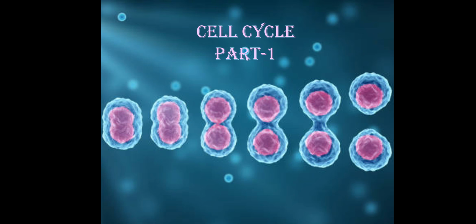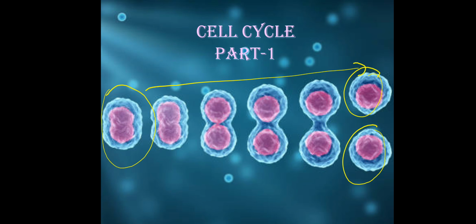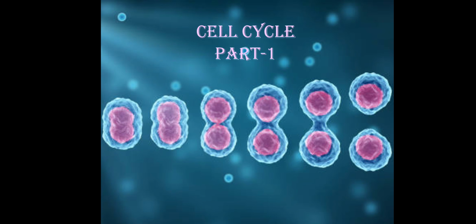So what is cell cycle? In this image you can see a single cell is processed to form two daughter cells, right? If we have to split the meaning of this word, cell cycle, cycle is a sequence of events.